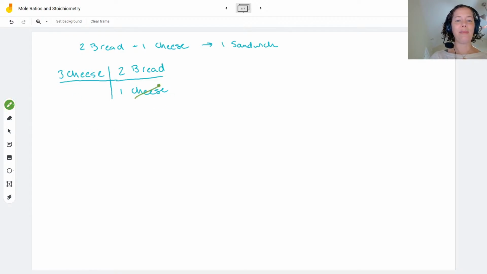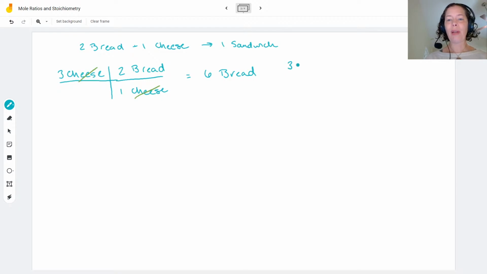And what this does is it makes the unit cheese cancel, and now I've got bread. And so, of course, this equals 6 bread, which you, again, already knew. You didn't have to work to make this math happen, but I want to show you what the math that you're doing in your head so easily is actually doing on paper. And now we wanted to predict how many sandwiches we're going to make. So we're going to do another calculation.